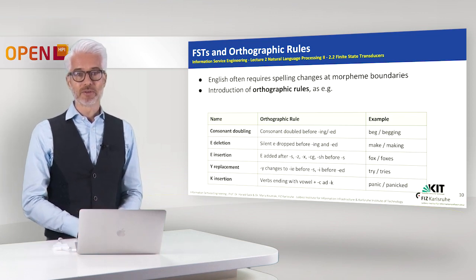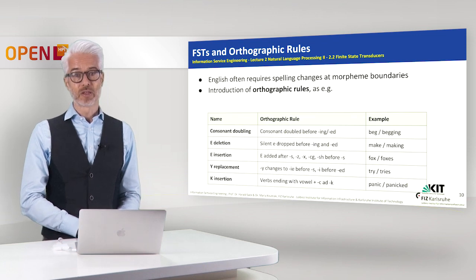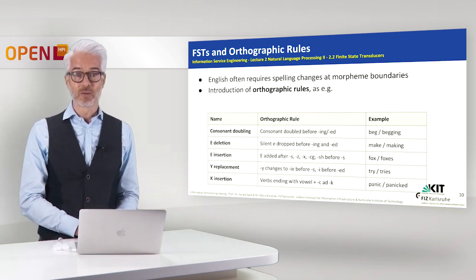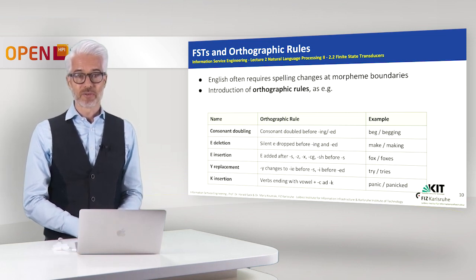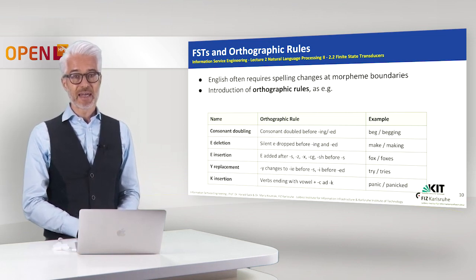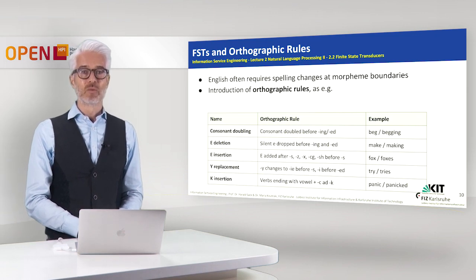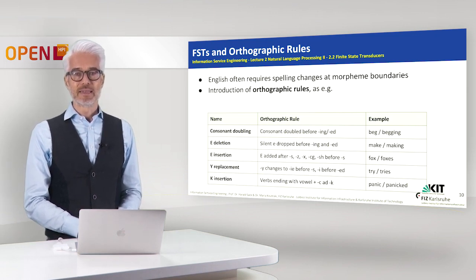Then you also have a replacement of Y. This is what we have already seen for the plural of city becoming cities, so Y becomes IE. And you also have, for example, the insertion of a K. If a verb ends with a vowel and a C, then C will become CK.